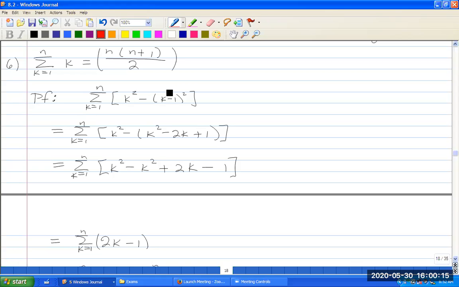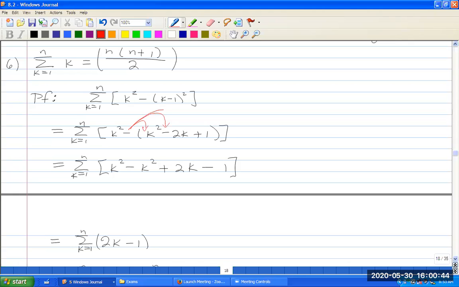This perfect square trinomial is equal to k squared minus 2k plus 1. The k squares cancel. And distributing the minus sign inside the parentheses, this becomes a minus k squared, this becomes a plus 2k, and this becomes a minus 1.